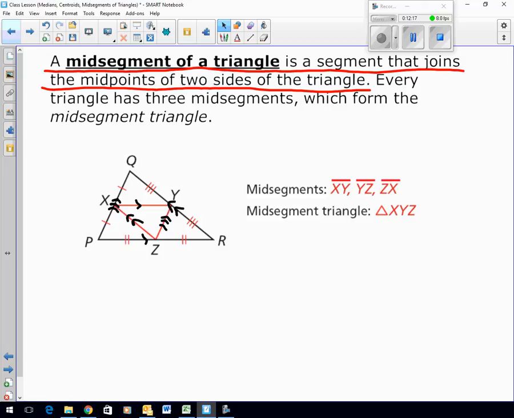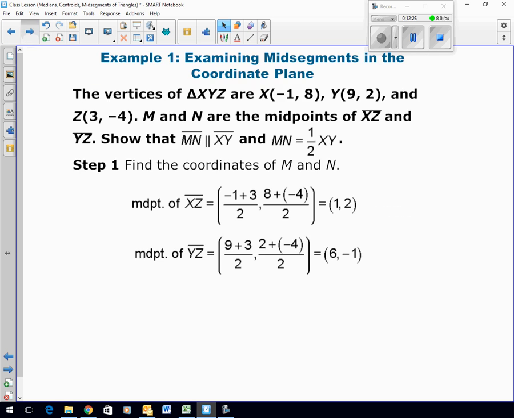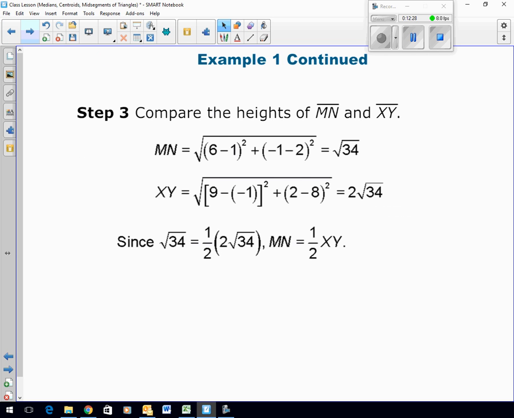It's got to be the same slope. Same thing with XZ and QR. Same thing with YZ and QP. Finally, I could use my distance formula, comparing the heights.